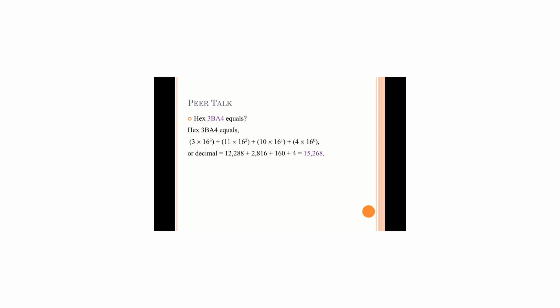As we know, A is 10, B is 11. So you use 11 multiplied by 16 to the power of 2. Now A in hexadecimal is the same as decimal 10. So 10 multiplied by 16 to the power of 1. And here's a 4 multiplied by 16 to the power of 0. And you get 15,268.